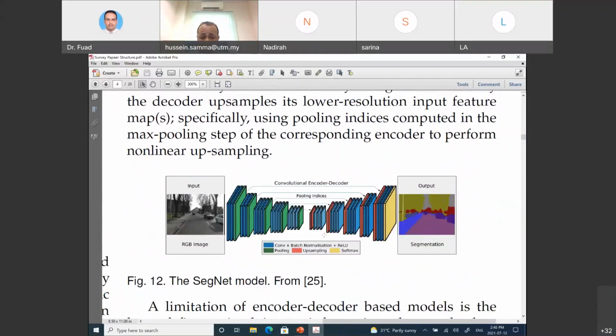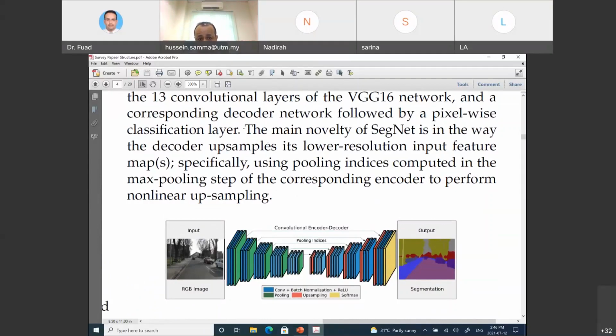Here the author tried to introduce some kind of links between the encoding step and the decoding step. So there is some kind of sharing of information between these steps. What's the novelty of this work? Basically, the main novelty of this work is the sharing of pooling indices. So he's just passing some parameters here in order to enhance the results.